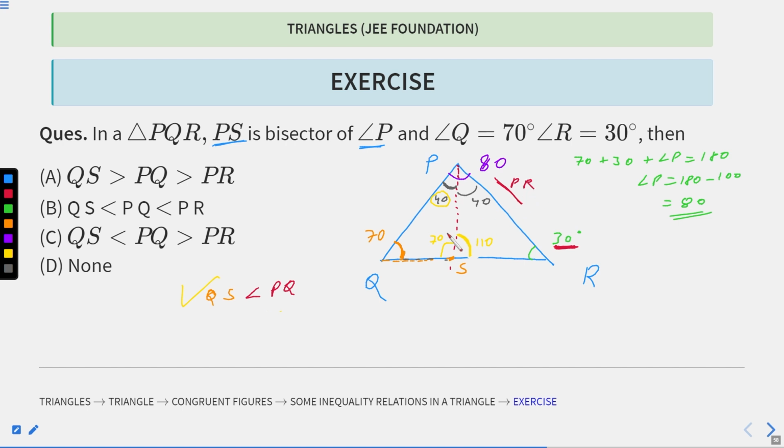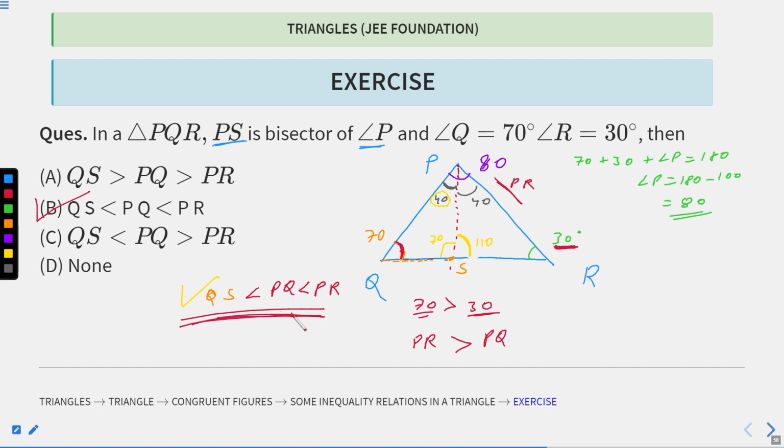The side PR has the opposite angle of 70 degrees. Since 70 degrees is greater than 30 degrees, the opposite side to this 70 degrees, which is PR, must be greater than the opposite side to this angle, which is PQ. So QS is less than PQ is less than PR. My option B will be the correct option. I hope you understood it.